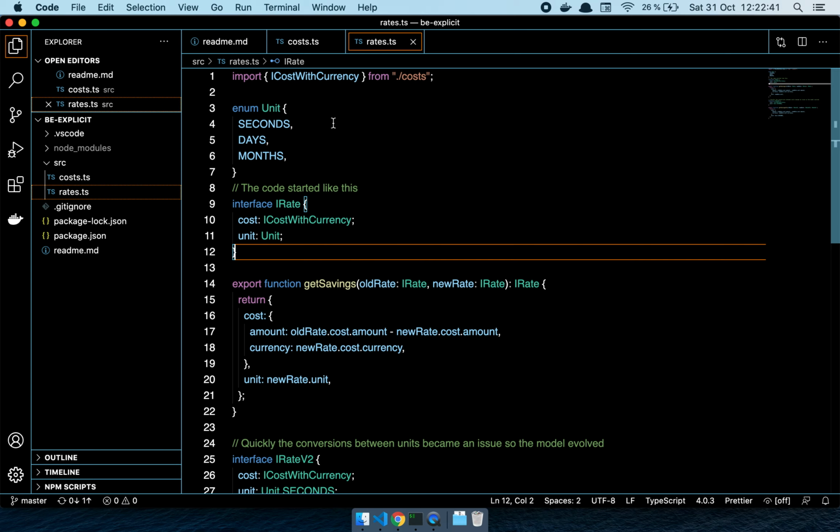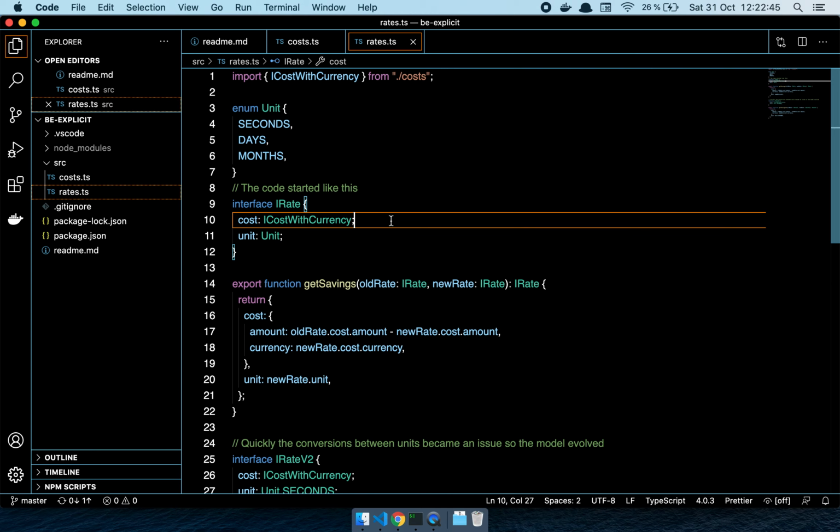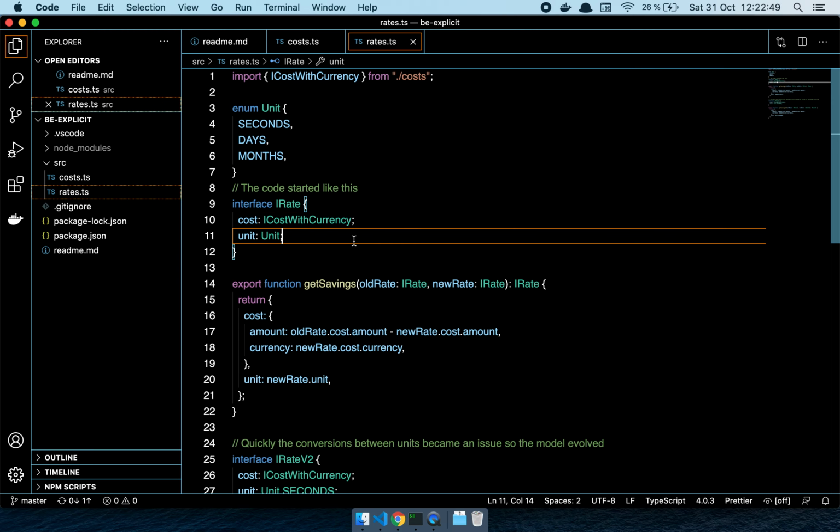So what happened was that he created a rate system, very cleverly done, and there was a cost and there was some type of unit, because the customers wanted to express that we have different ways of measuring, whether it's in kilowatts or cubic meters or so forth. So we had different rates depending on the value that we were dealing with.